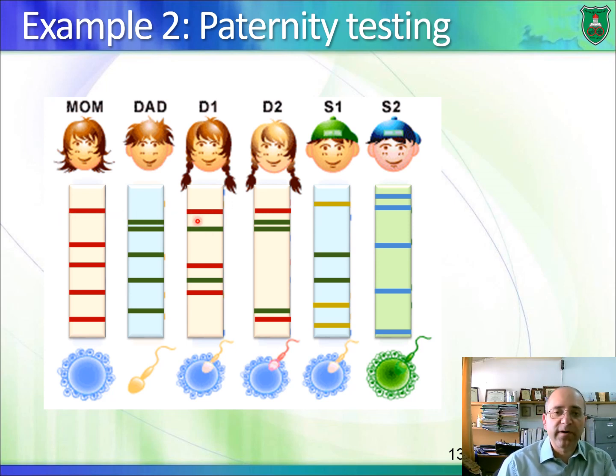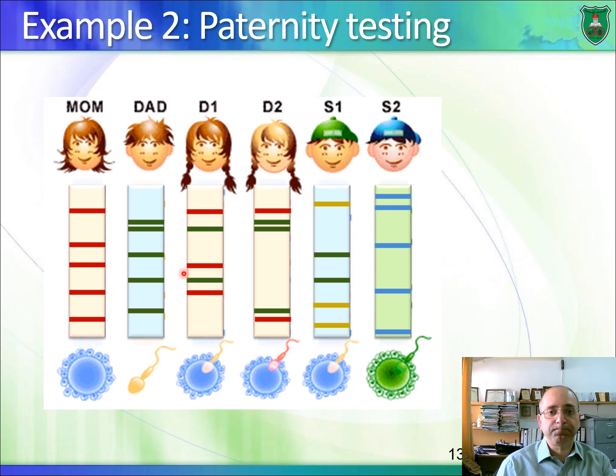Okay, so this fragment has the same size as the fragment that appears in the mother's genetic profile or molecular fingerprinting. So we can say that it appears that this fragment comes from the mother's. Well, let's look at this one here. It exists also in the dad's profile. So we say it appears that it comes from the dad's DNA.